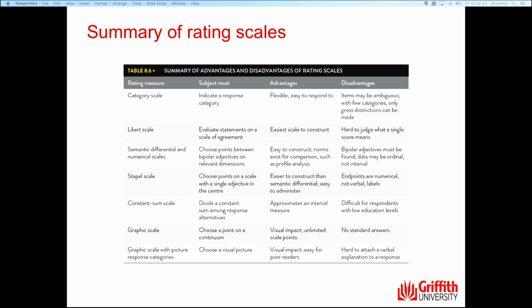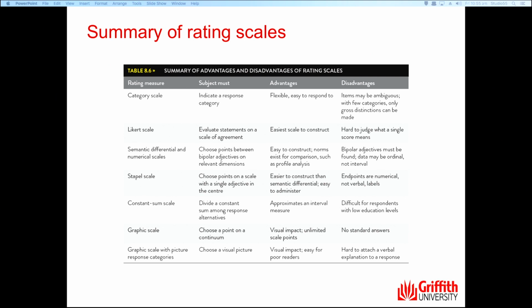That's why using a graphic scale, just a smiley face or unhappy face, makes it so much easier for the respondent to fill in. But if you conduct a study where respondents have plenty of time to think, then probably use a Likert scale, because they have the time to read and can respond appropriately.